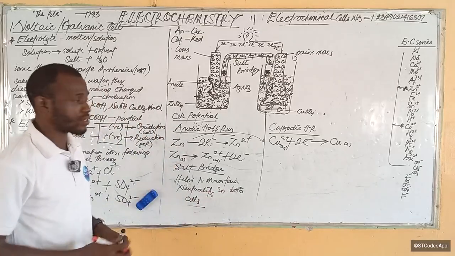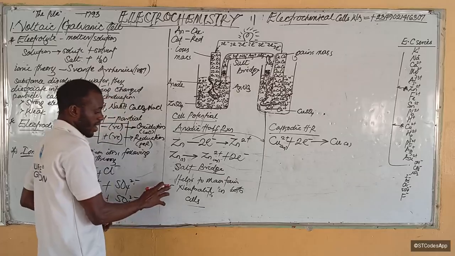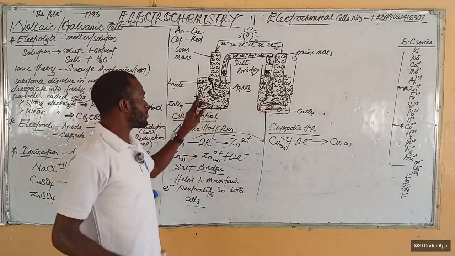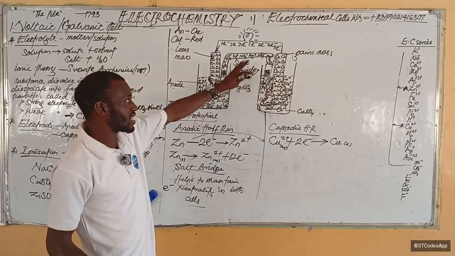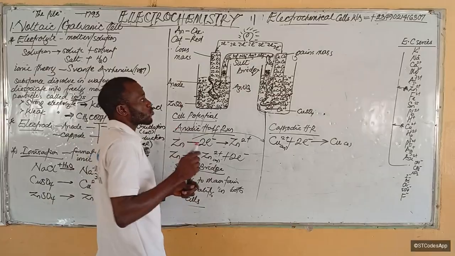So why does it need to maintain electrical neutrality? Because otherwise there will be separation of charge. When that separation of charge happens, this thing can no longer run effectively. So for effective running, the salt bridge will help to neutralize it.